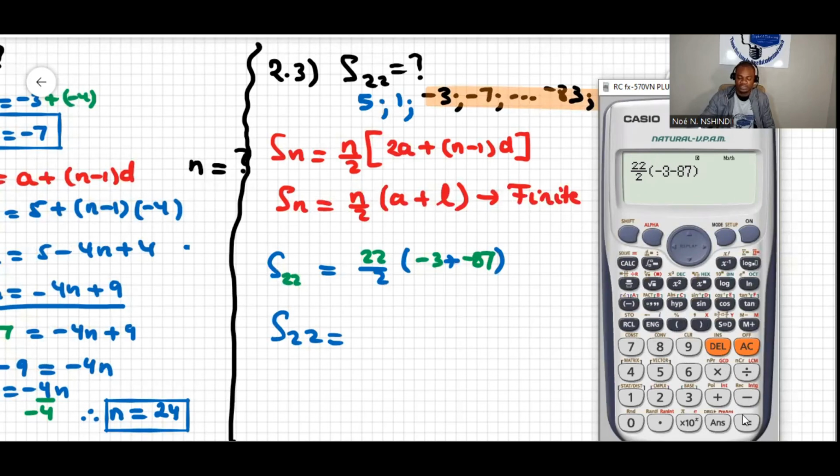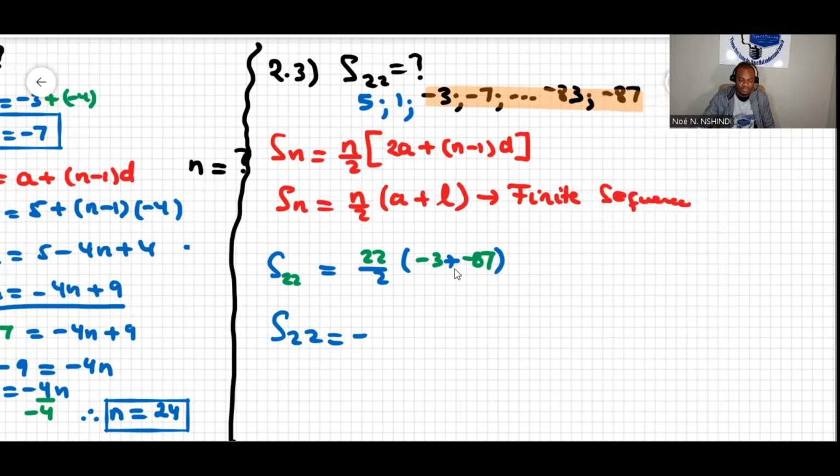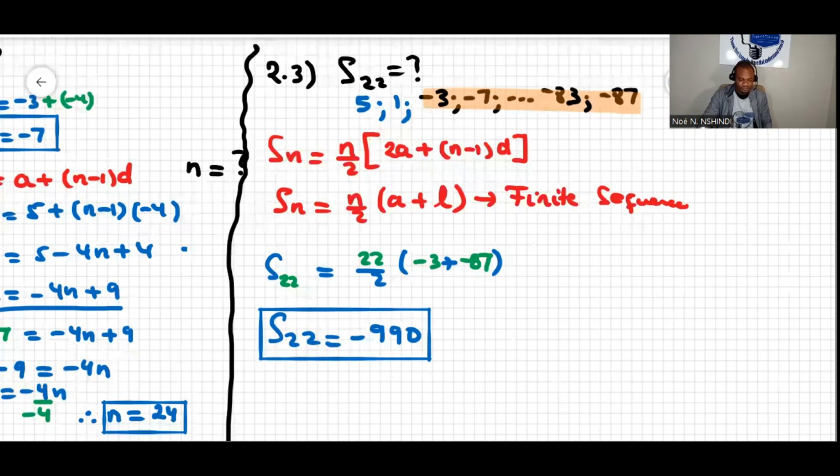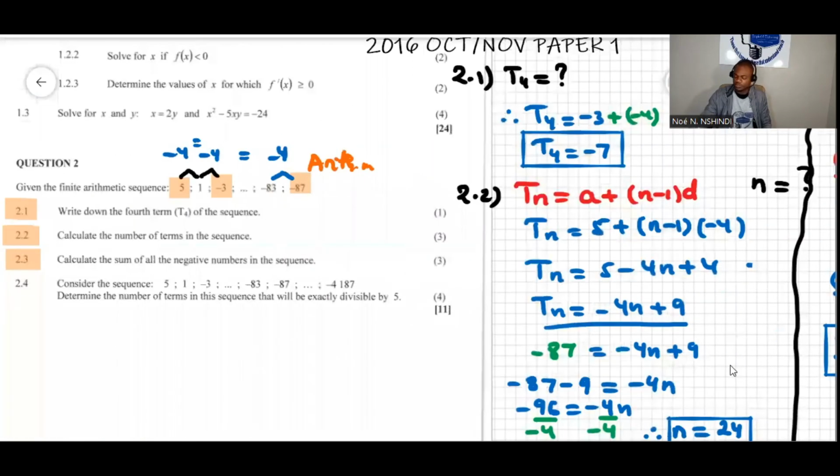Then we close the bracket, and when we hit equal, we have -990. So this is -990, the sum of the negative terms. And then this was question 2.3.